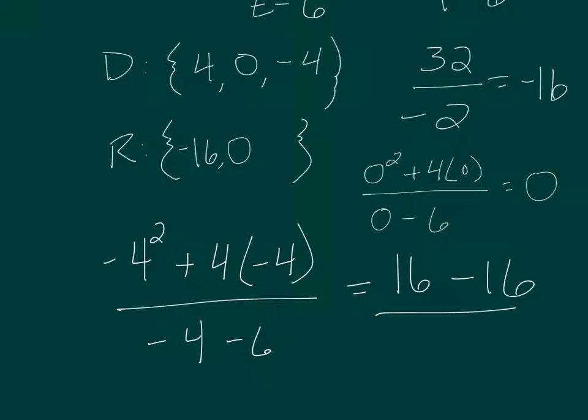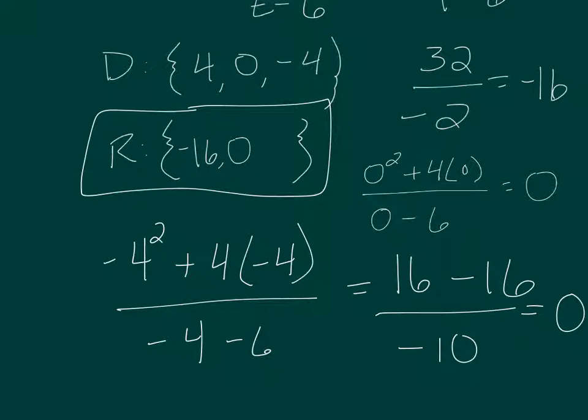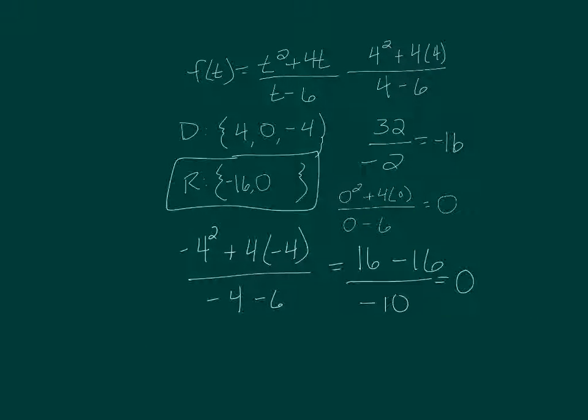On the bottom, negative 4 minus 6 is negative 10. This is another one where I see that 16 minus 16 is 0, and 0 divided by anything is going to give me 0. Since I've already written that, I don't need to rewrite it. And so my answer for that problem is that the range is negative 16 and 0.